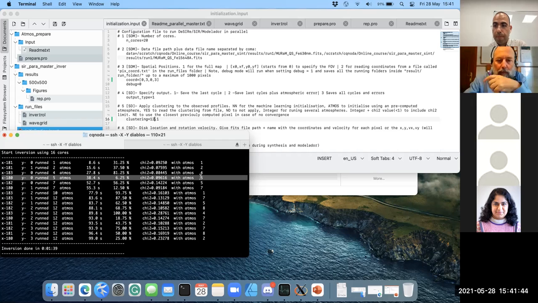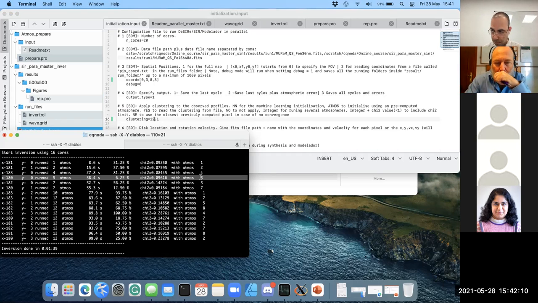So how does it know which 5 times it has to run? Carlos, can I? Yes. Basically, the code goes incrementally. Imagine you have the 12 atmospheres, and you give ATM CL 1, 2, 3, and so on. The code always starts with number 1 and goes incrementally.